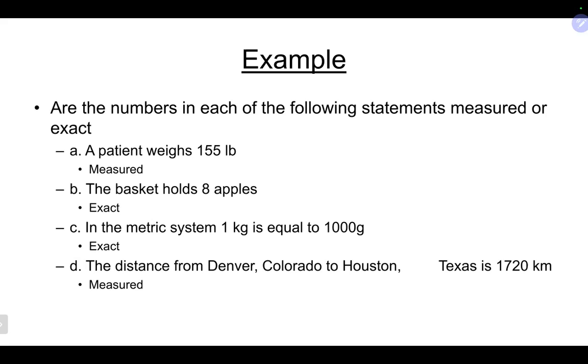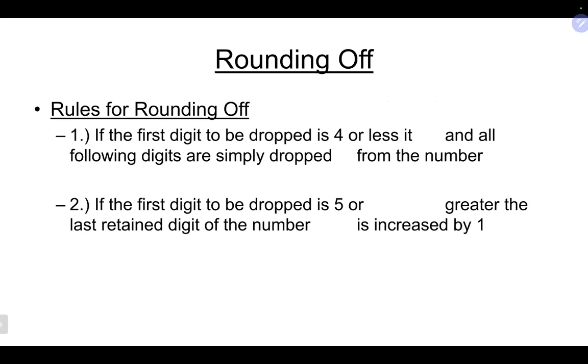That's a metric to metric conversion, which would be considered an exact number. So again, we would ignore that when we're doing calculations. And going from Denver to Texas, 1,720 kilometers, that was probably measured at some point to figure out the distance. So again, that would be a measured value.